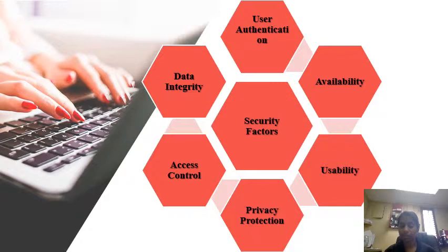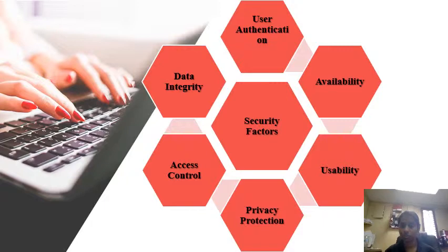The next one is availability. Data should be available to the authorized user when he wants to access it. The next one is usability. The interface should be user-friendly so that it is easily understandable and he can change the settings according to his preference. Privacy protection.